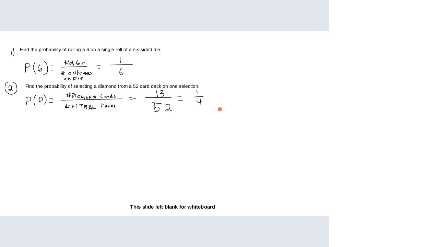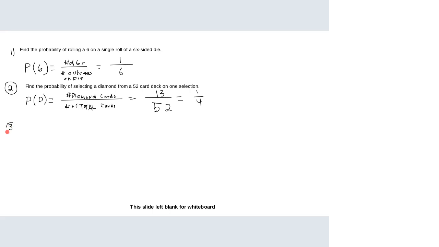And this is also what I had said a few times: probability and proportion and relative frequency are the same thing. The proportion of cards in that deck for diamonds is 1/4 of them are diamonds, right? So these three things are all the same thing: relative frequency, proportion, and probability.